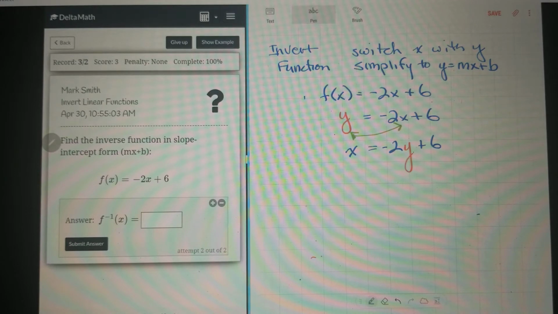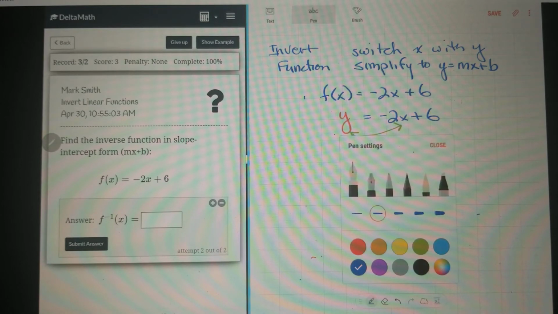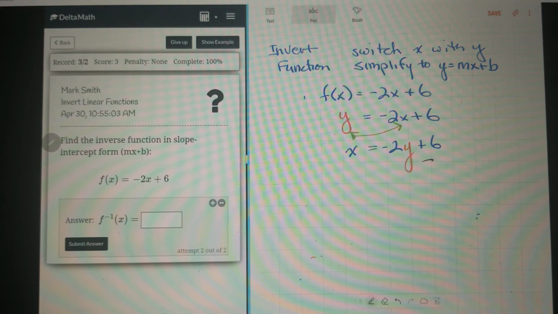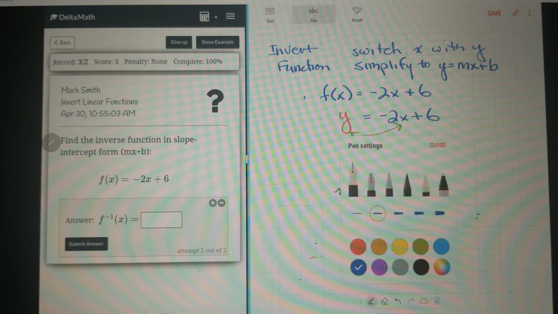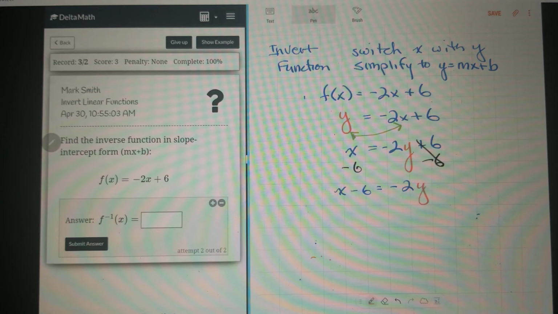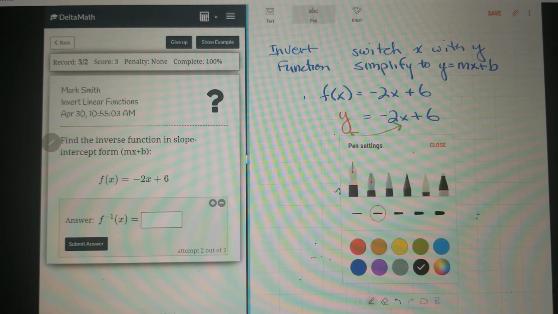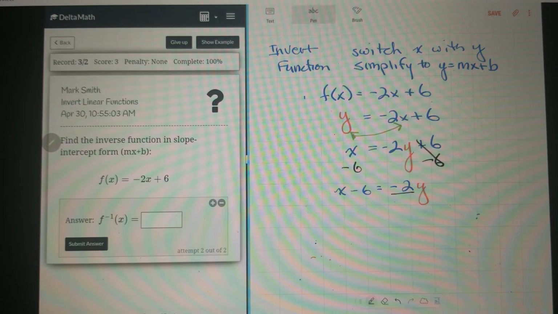We're just going to use our algebra skills for that. The first thing we're going to do is subtract 6 from both sides. That cancels that out, and now we have x minus 6 equals negative 2y. The next thing we do is divide by negative 2.